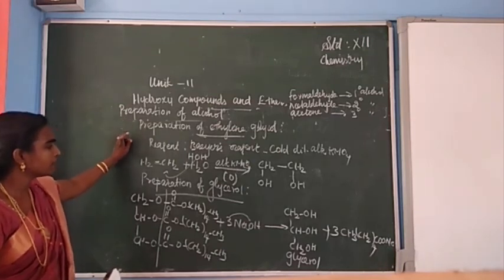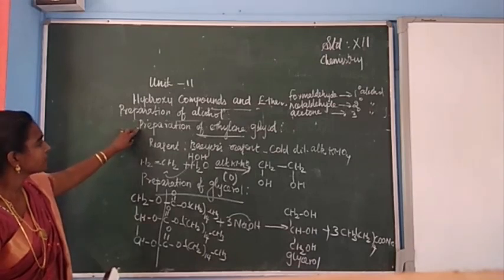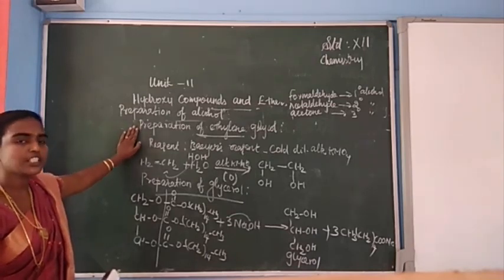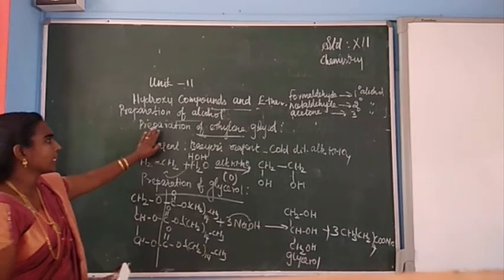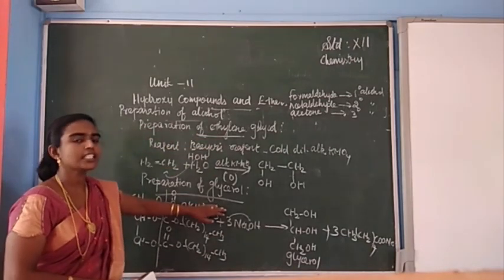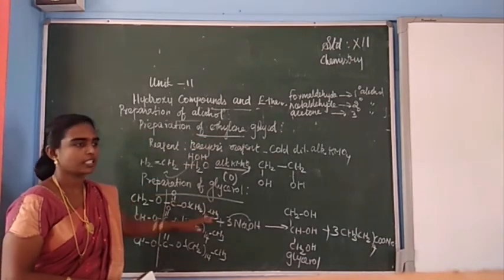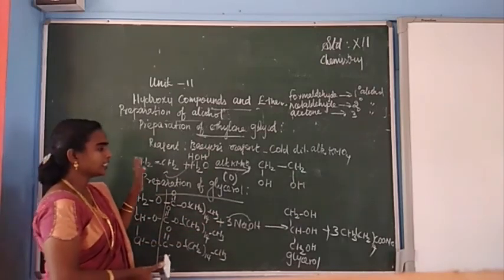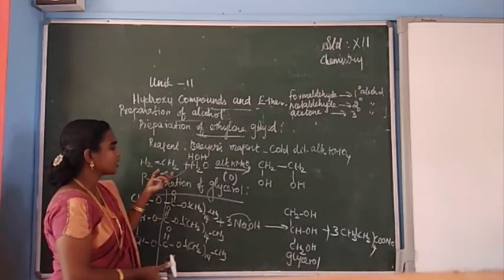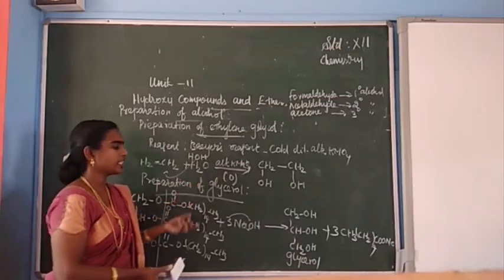Third, we have seen the reduction of carbonyl compounds. Next, ethylene glycol and glycerol preparation also we have seen. When you are studying these equations, please write them down and study.